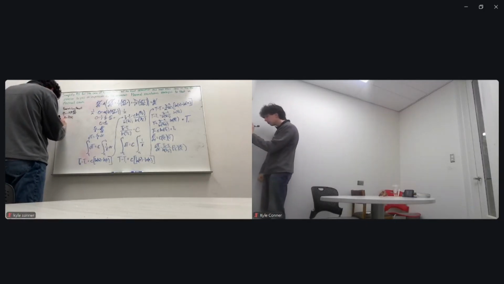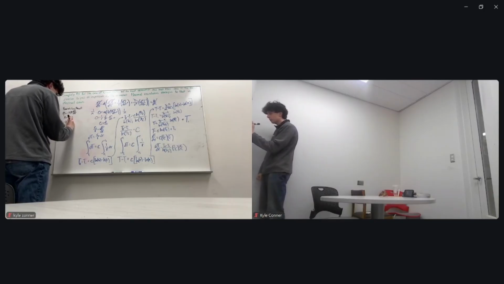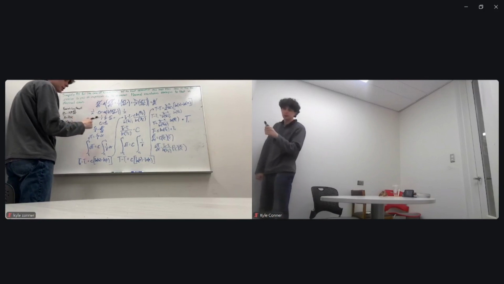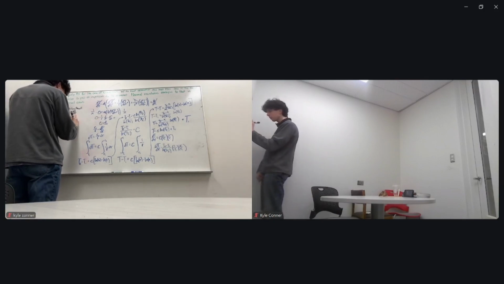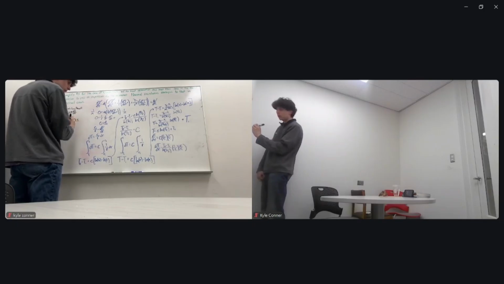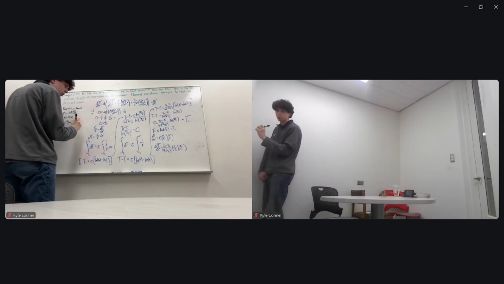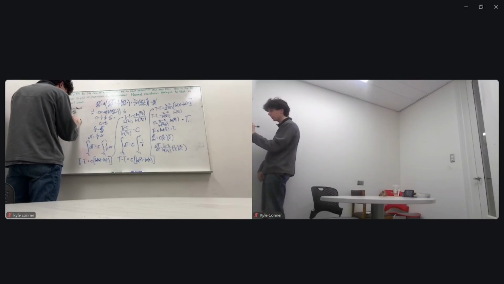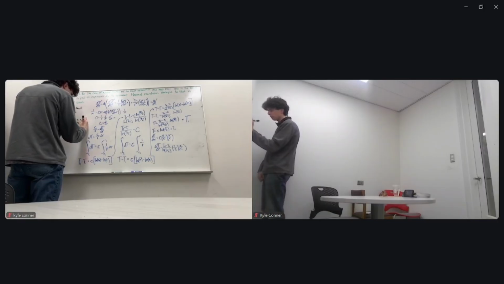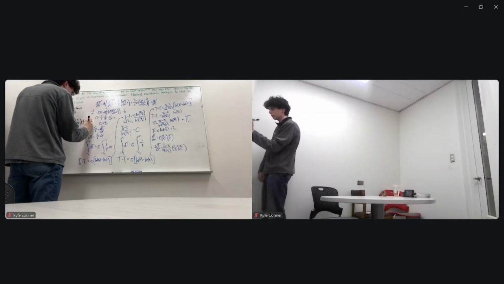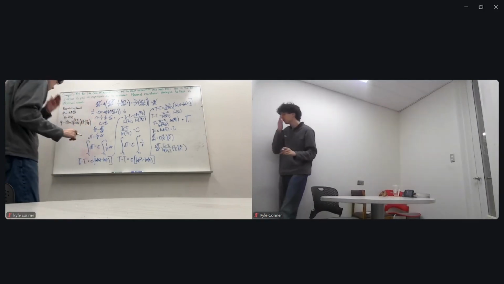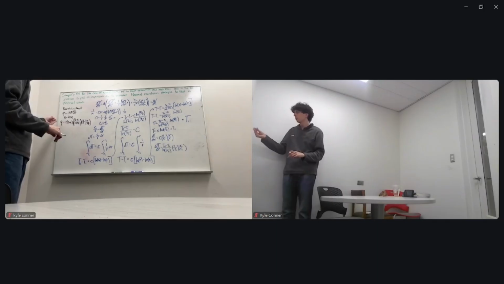So our Q value is negative k, 2 pi r initial, and then our dT dR, we have T final minus T initial over natural log of R final over R initial, and then the brackets on that, 1 over R initial, and then R over Ri. So there is our Fourier's law recall.